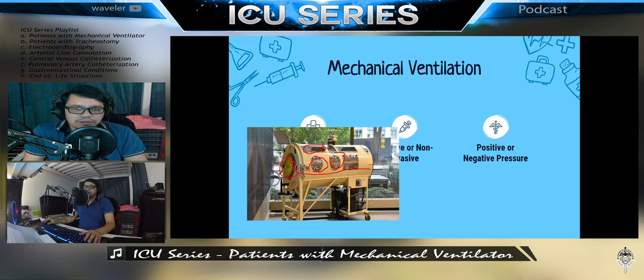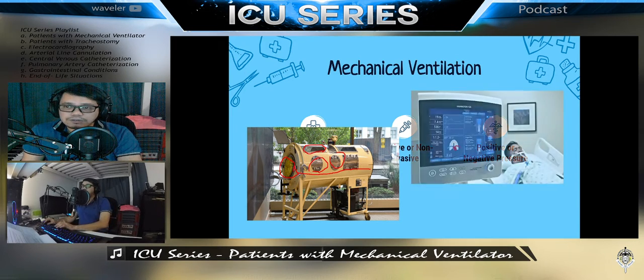One reason is that the polio vaccine was already discovered, and advancement in technology made new forms, the next generation of ventilators, which are the ventilators that we know now.